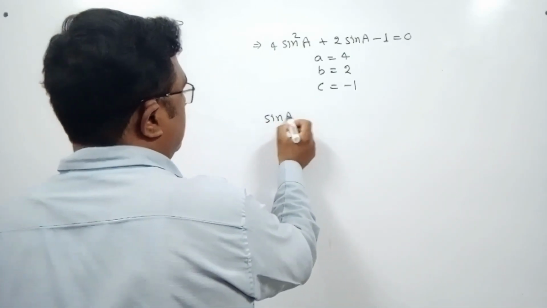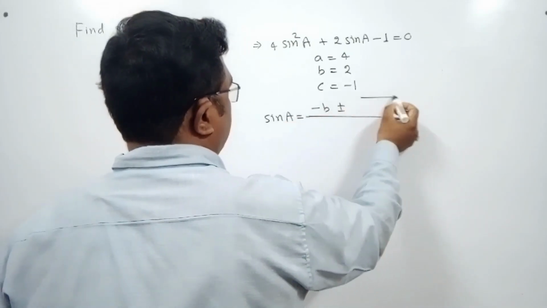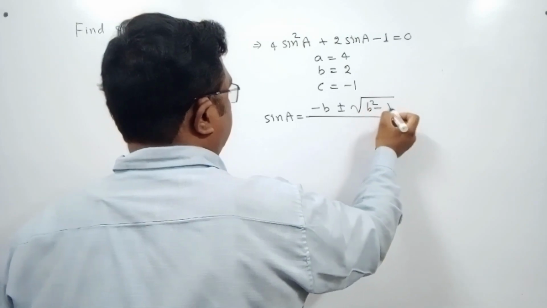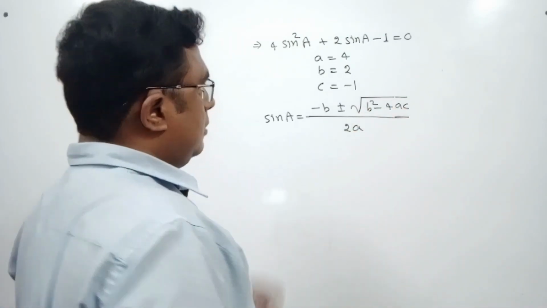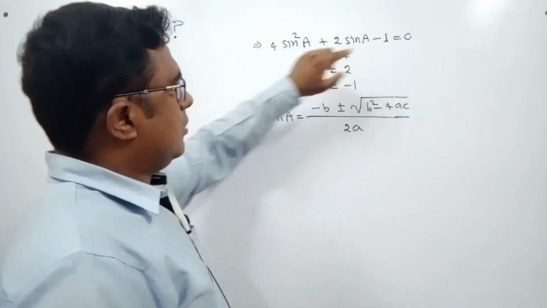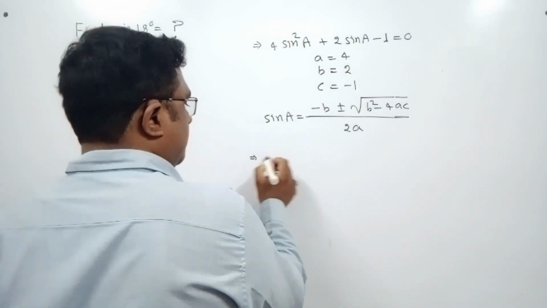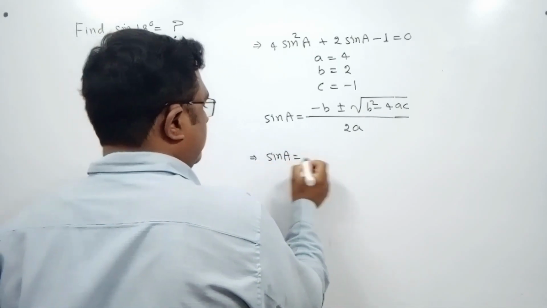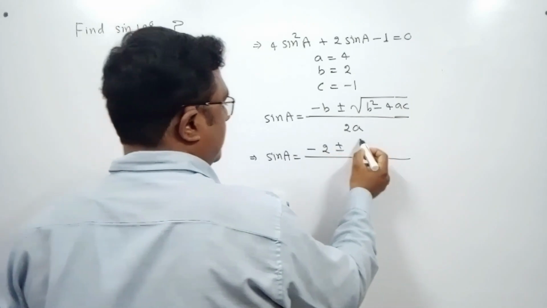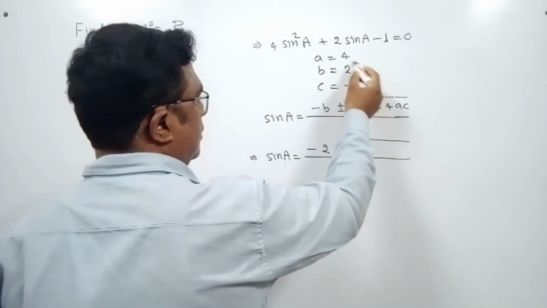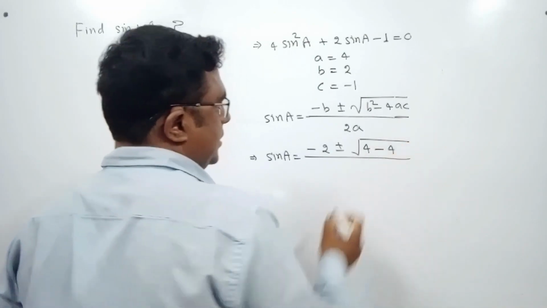Sine A is equal to minus b plus minus square root of b square minus 4ac upon 2a. It is the quadratic formula. This was a quadratic equation in terms of sine A, that's why we will use sine A here. Implies that sine A is equal to minus b, which is minus 2, plus minus square root of b square, 2 square will be 4, minus 4ac.